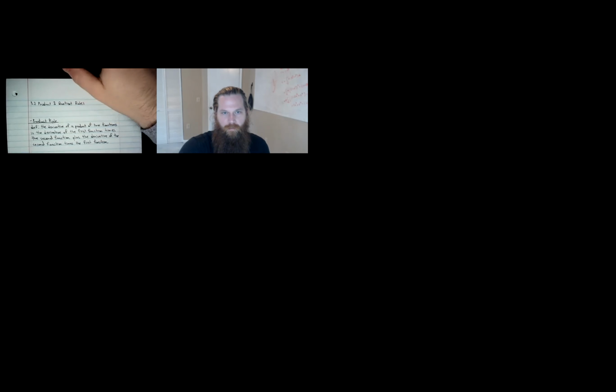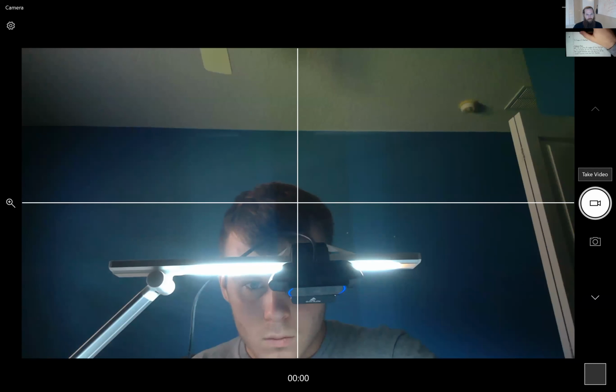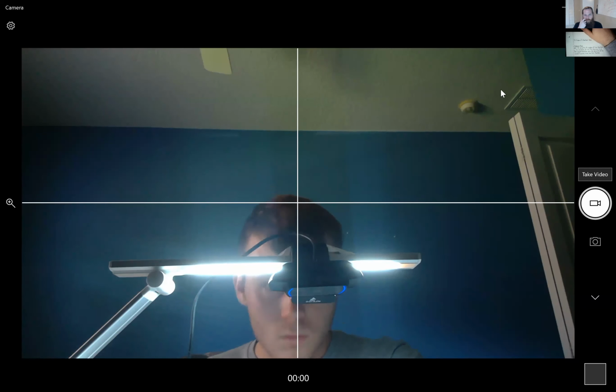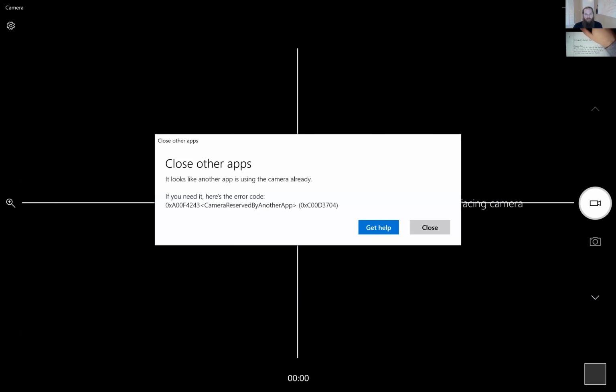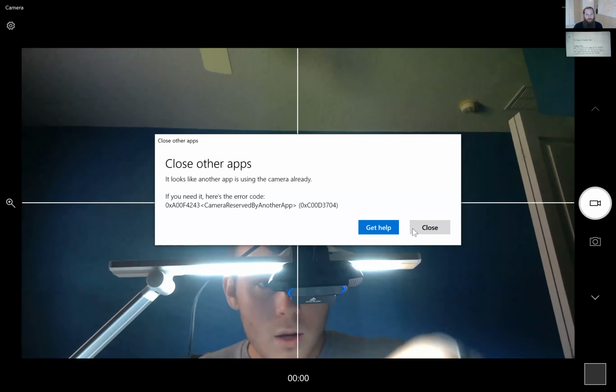Just go ahead and turn on the screen share, and everybody should be able to follow. It looks like you're going to have to change the camera. Your screen share is using the one camera.